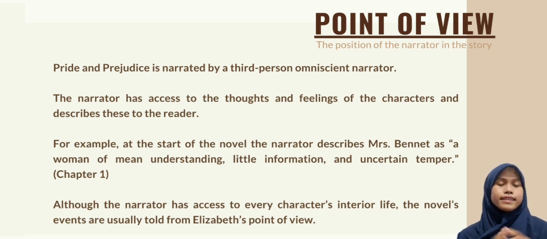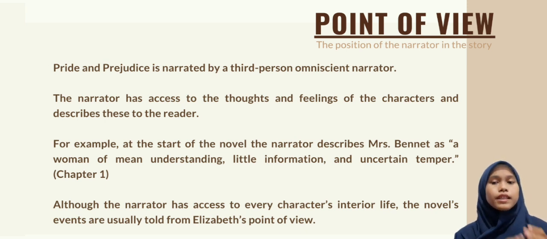Okay, the sixth element is point of view or POV. This novel is narrated by a third person. The narrator has access to the thoughts and feelings of the characters and describes this to the readers. For example, at the start of the novel, the narrator described Mrs. Bennet as a woman of mean understanding, little information, and uncertain temper.